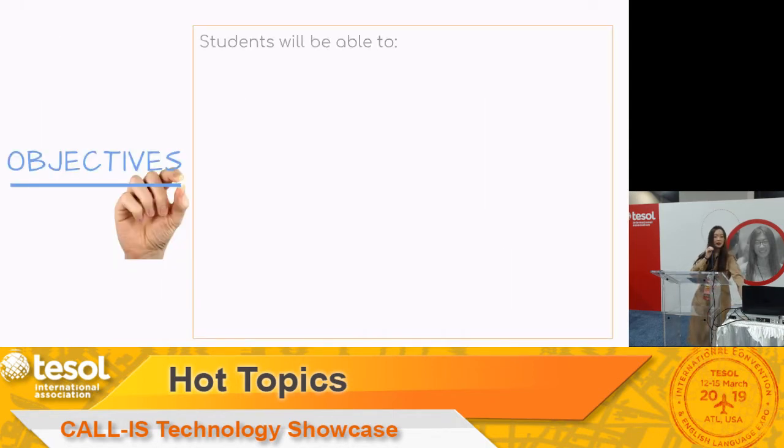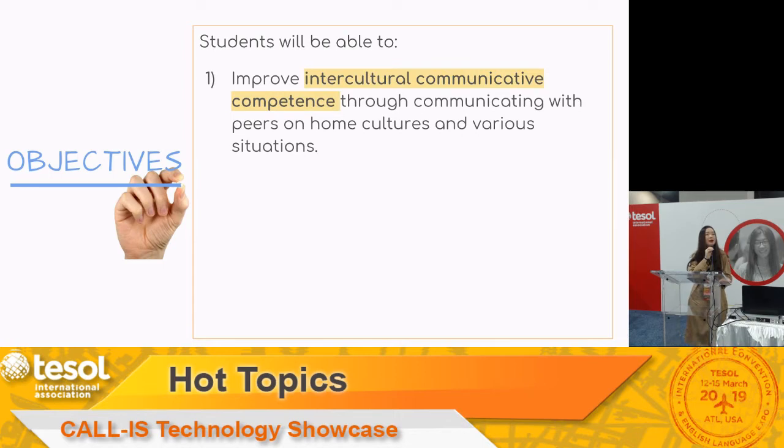The goals I want to achieve for students using Instagram to develop their digital literacy: the first one is that they will improve their intercultural communicative competence through communicating with peers and teachers on various topics such as home cultures or stories that happened in their family. So this is very interesting.